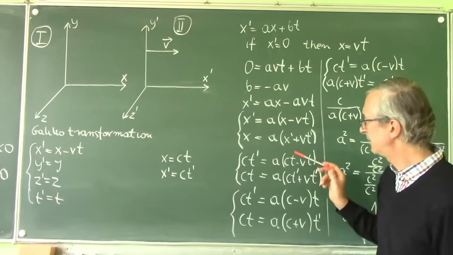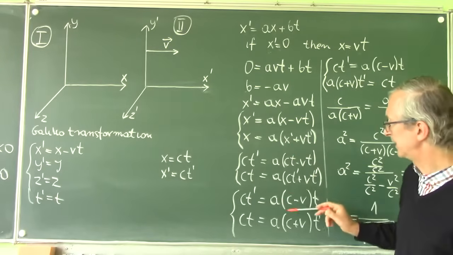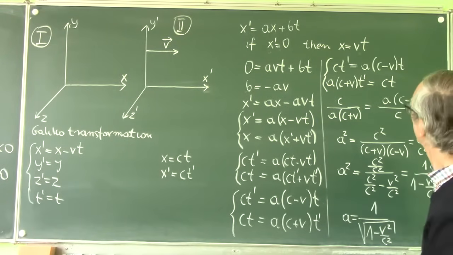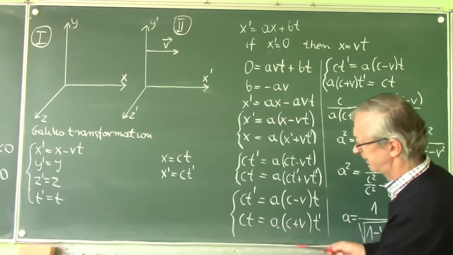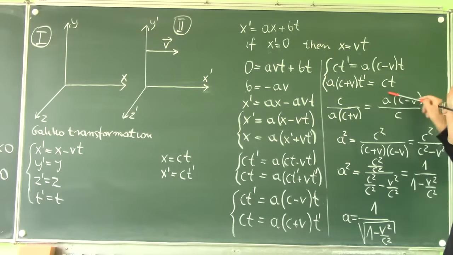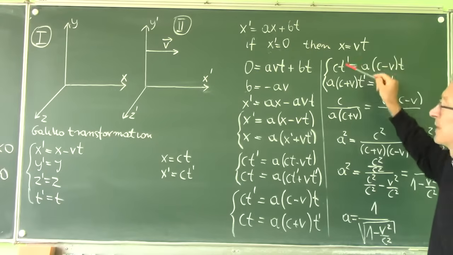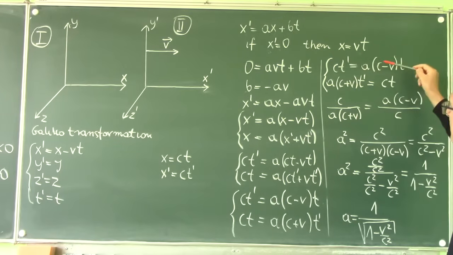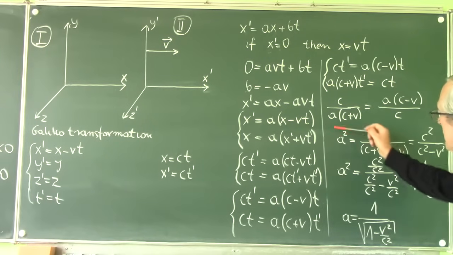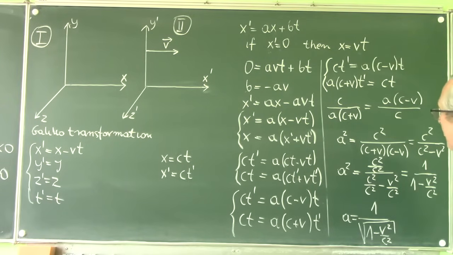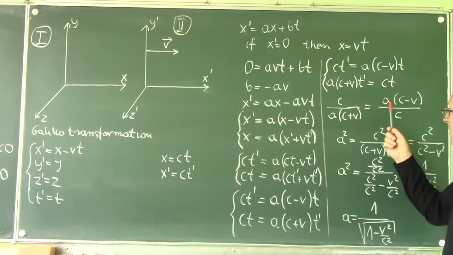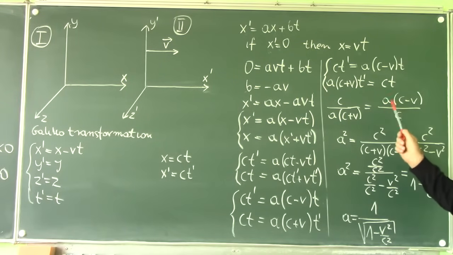We can change the form of these equations to such, and we change the sides of the second equation. It's done here, and we divide left sides of these two equations and then right sides of these equations. We achieve such equation. Now we can transform this equation and calculate the value of constant a.